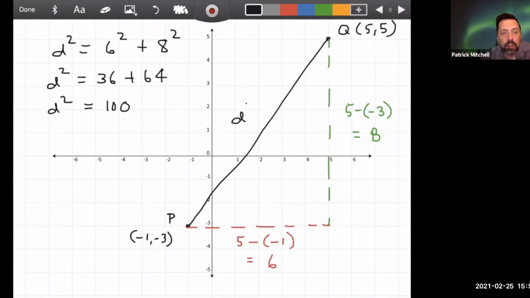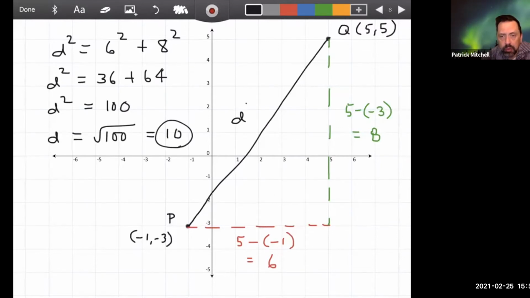So if D squared is 100, that means D must be the square root of 100, which is 10. It is exactly 10 units from point P to point Q. Okay, so that takes care of the distance question.